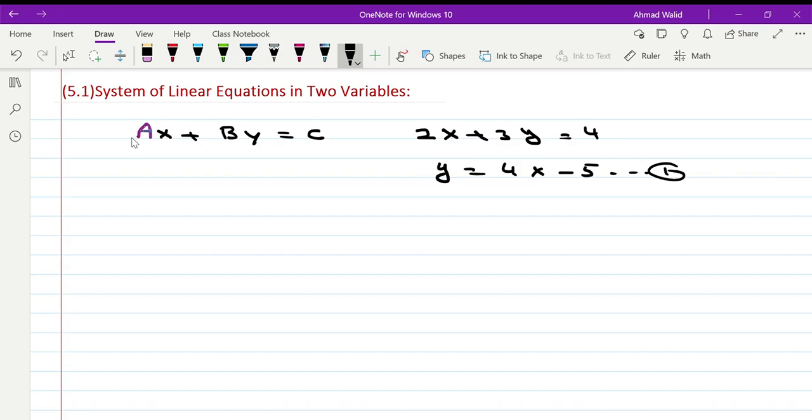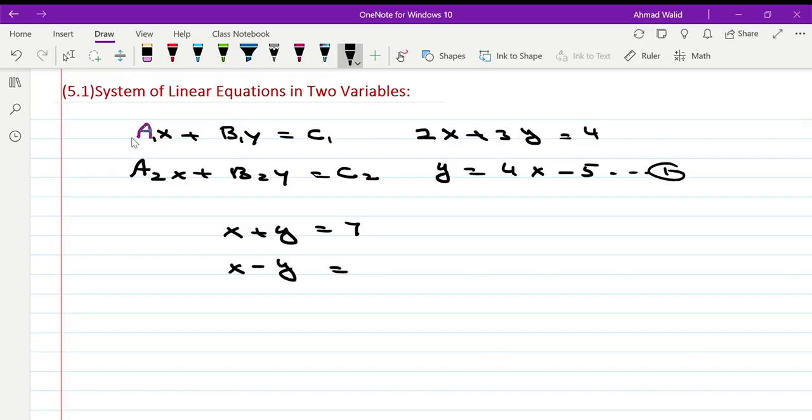For example, if I name this one a1x plus b1y equals c1, I need another equation, a2x plus b2y equals c2. That's the general form. But in a simple example, if one of my equations is x plus y equals 7, I need another equation, for example x minus y equals -1.